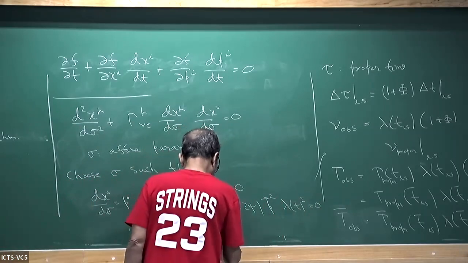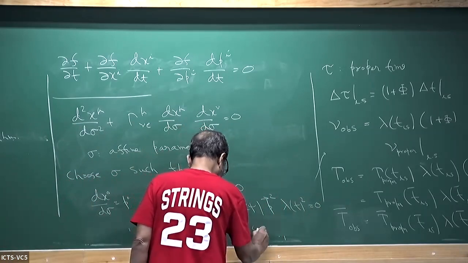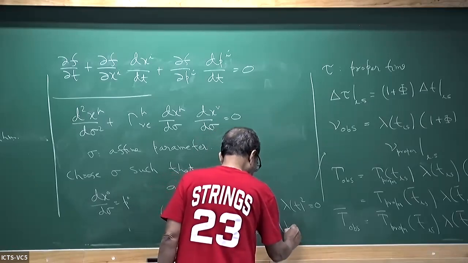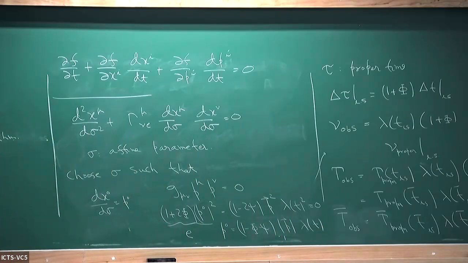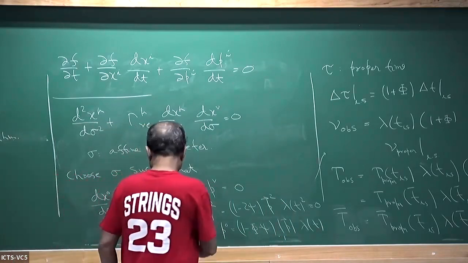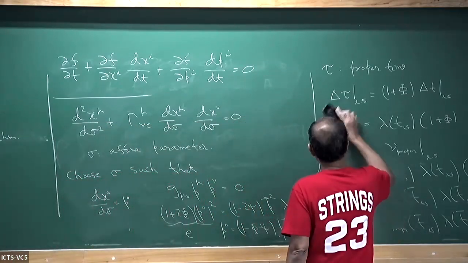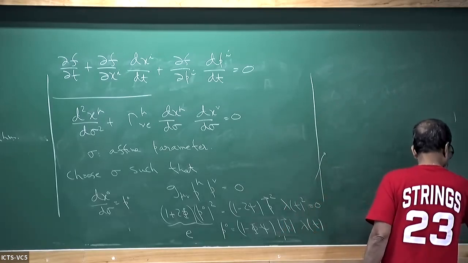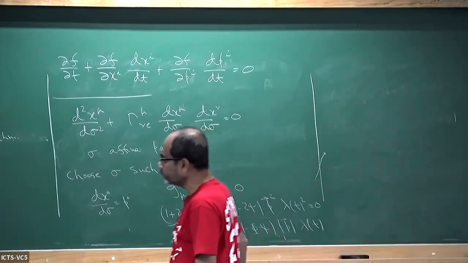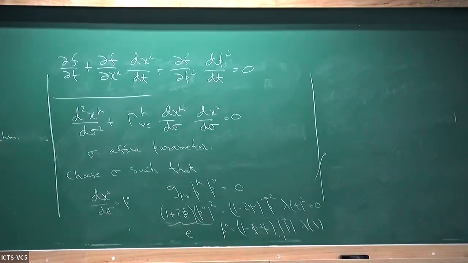In any case, P0 we get from here is (1 minus phi minus psi) times mod P times lambda T. So we'll try to use the variable E rather than P0. But let me write down the next equation anyway.